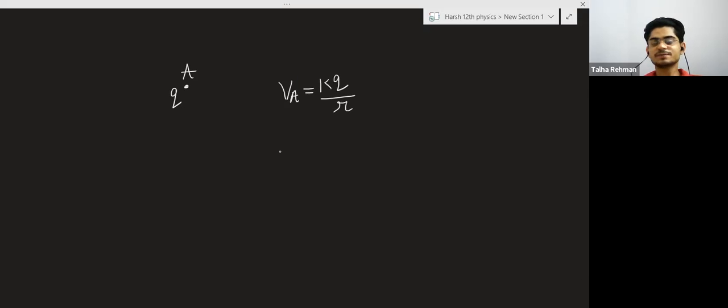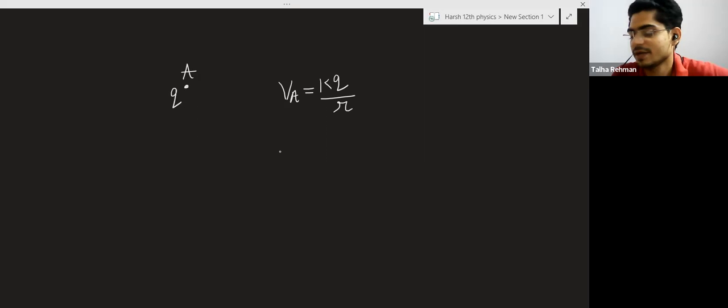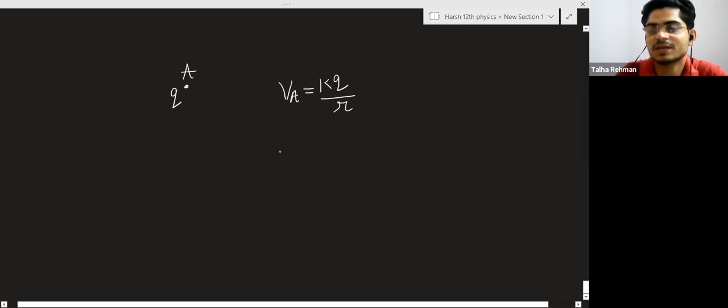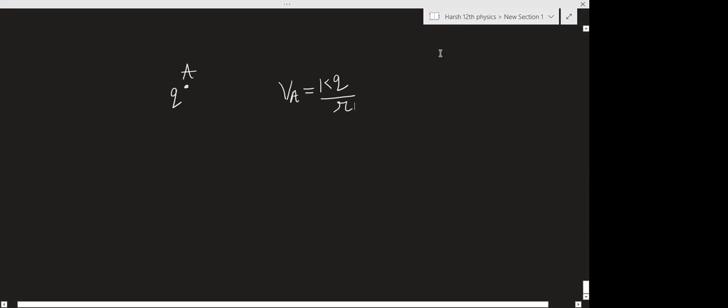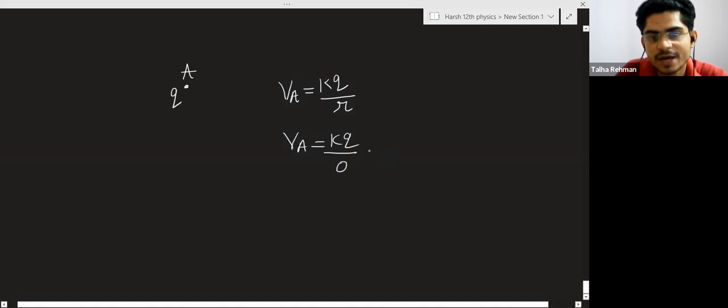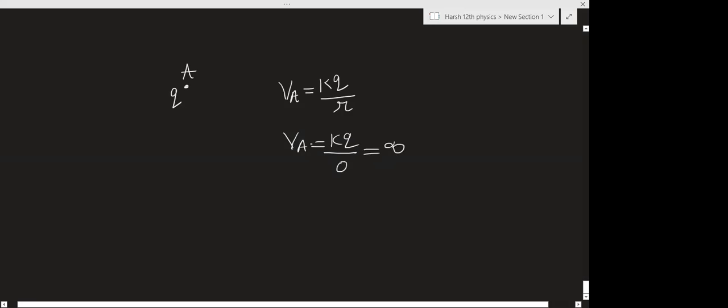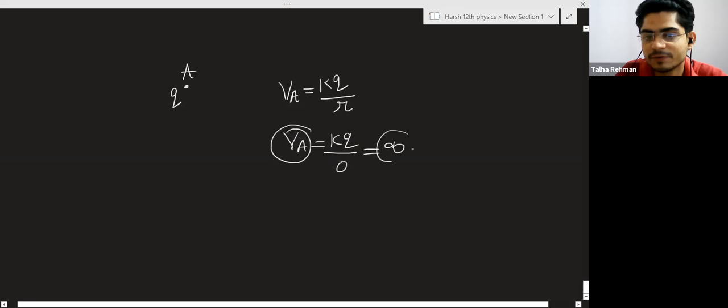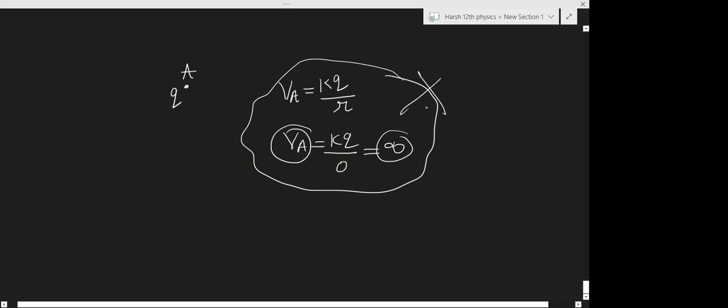If you say R is zero, then R is not zero, because R is the distance from the charge. If you take R zero, then what will happen? Actually, this is not valid in physics. R will be zero and 1 by R will be infinite, so potential at A will be infinite. But this is wrong. Potential can't be infinite.